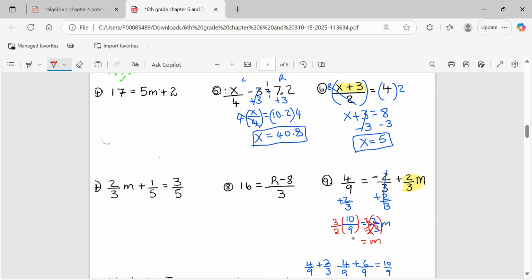And then, of course, now we have 30 over 18. We can simplify that. I could divide both of them by 6. And so, what's this? 5/3 is equal to my m.